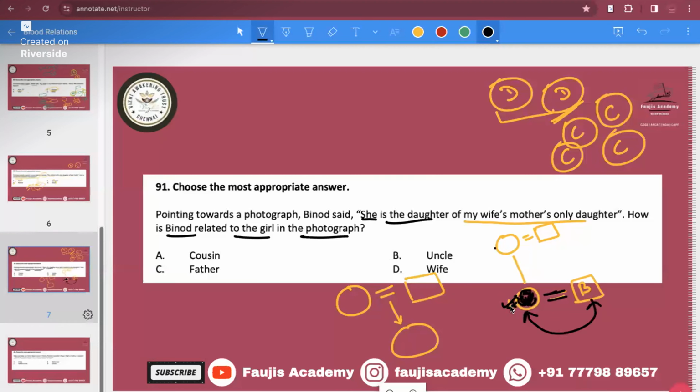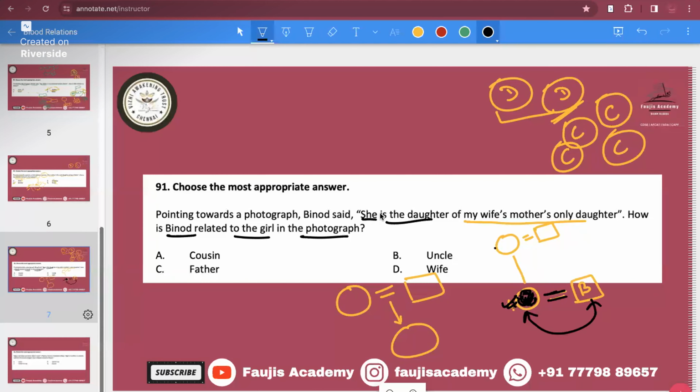Basically, Vinod is joking with his wife. His wife must have forgotten that she is still his wife. I have that doubt, sir. In the question, my wife's mother's only daughter is his wife, sir.